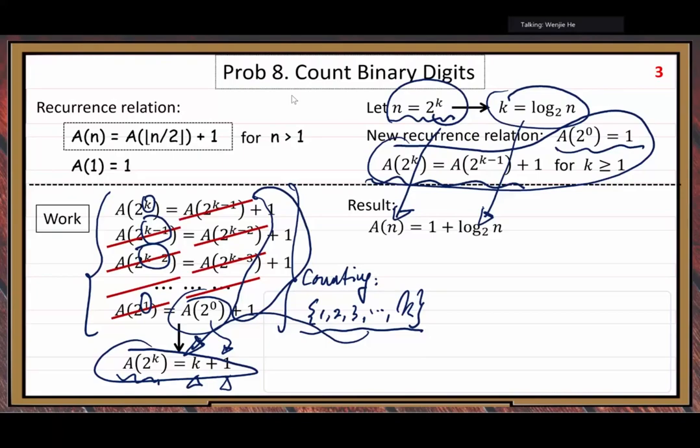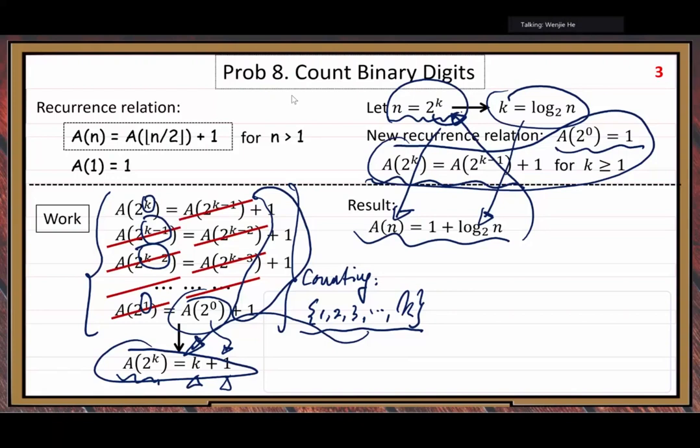But do you see any problem here? Is there any problem for it to be used as our final answer? Look at the log base 2 of n. The problem is this representation only makes sense for n a power of 2.